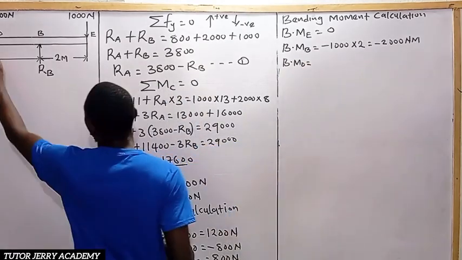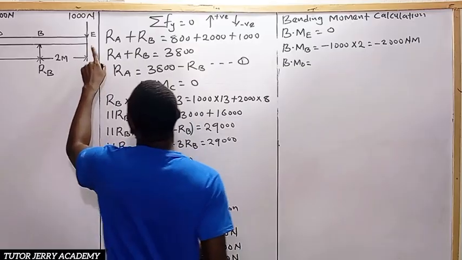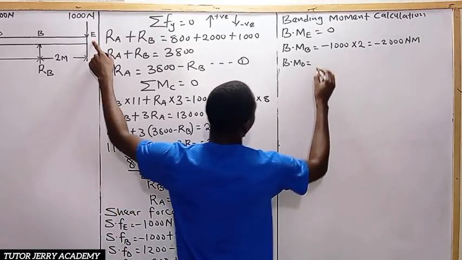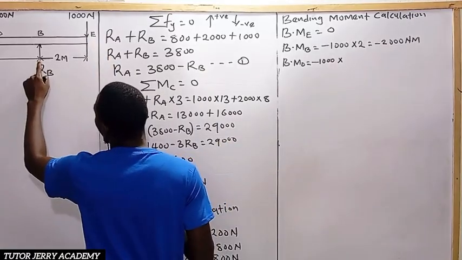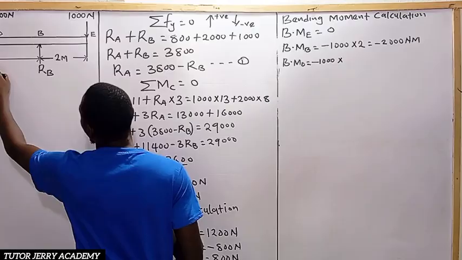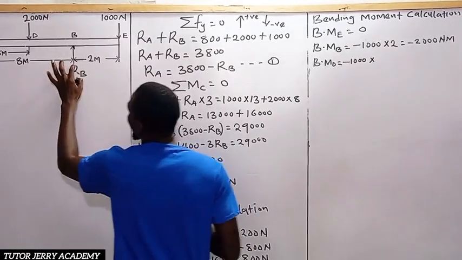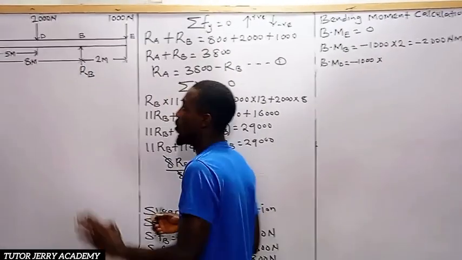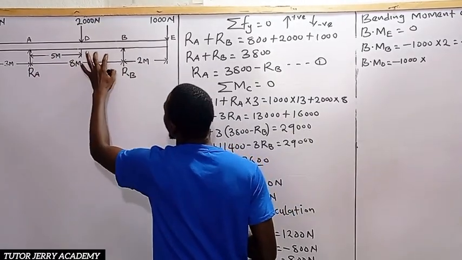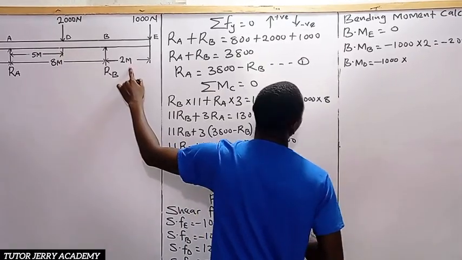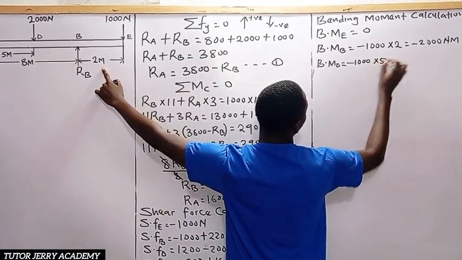Alright, the bending moment at point D, we are going to have negative 1,000 multiplied by total distance. Don't forget, from here to here, we don't know it, right? But we know that from this place to this place is 8, while from this place to this place is 5. So this place is going to be 8 minus 5, which is 3. 3 plus 2 is 5. So it's going to be multiplied by 5.